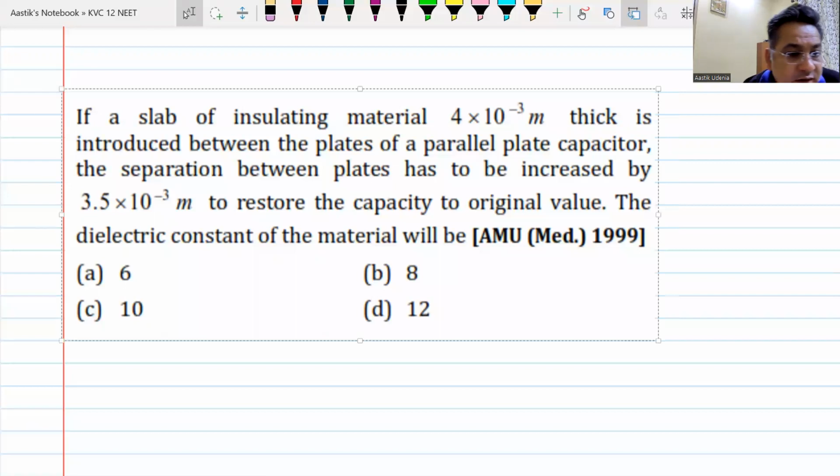This one. If a slab of insulating material. No, you will not be able to do this now, so I'll have to take this out. You will not be able to do this because it's something that I have not told you yet.